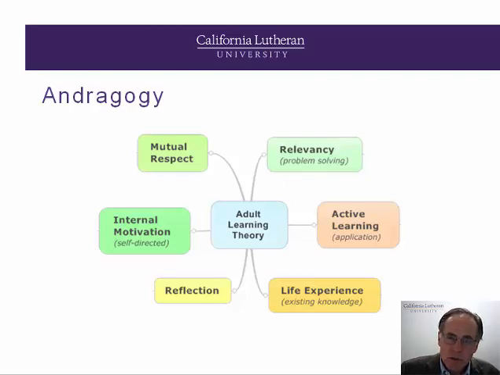Adults come to us with a problem or a need, a situation that needs to be solved. That creates relevancy in the learning. Adults want the learning to be linked to a relevant issue. They want to gain knowledge that can be applied immediately. The adult learner or the client is generally internally motivated.